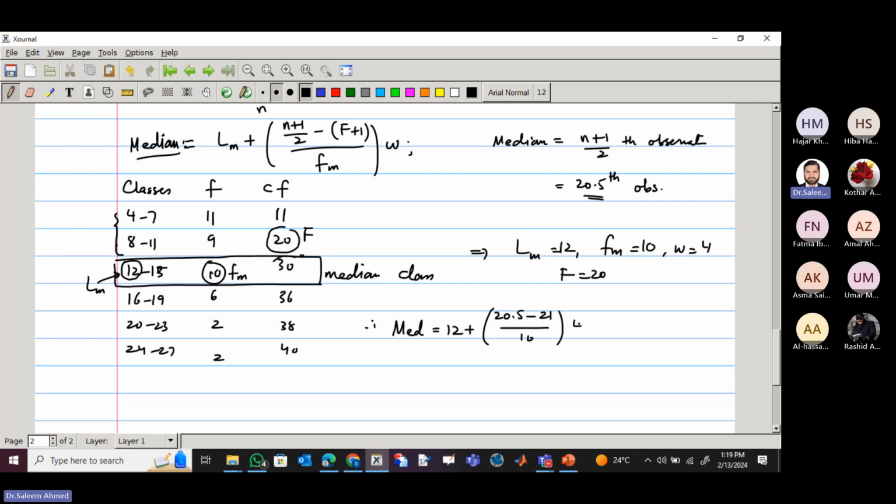So divided by 10 into 4, that is 0.2. So 12 minus 0.2 is 11.8. So this is your median.